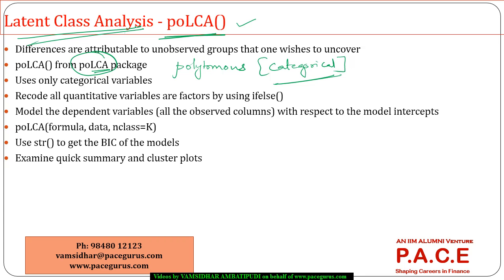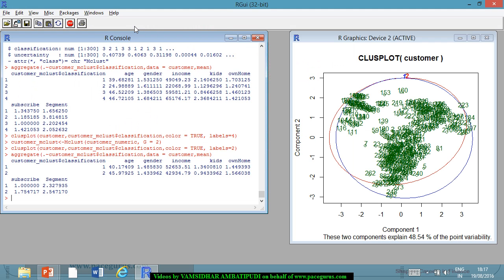Now this is where we have to convert all our quantitative variables into categorical. We can very well convert all of them into categorical kind of variables. So probably this is where I can use my original customer data, customer_cat.